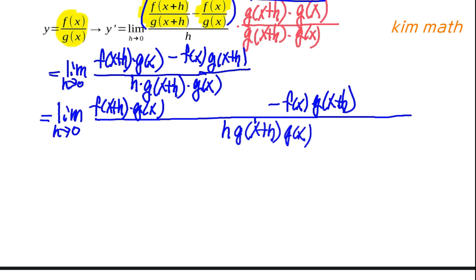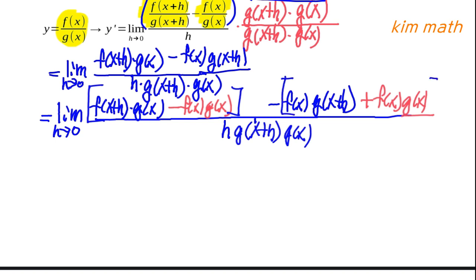Okay, to use the definition of the derivative, I will subtract f of x g of x. And to cancel out this effect, I must add f of x g of x, right? Okay, now think of this one as a group and this one as a group. If I use the parentheses, in front of the parentheses you have a negative sign, so this will be a negative sign, right? Okay.